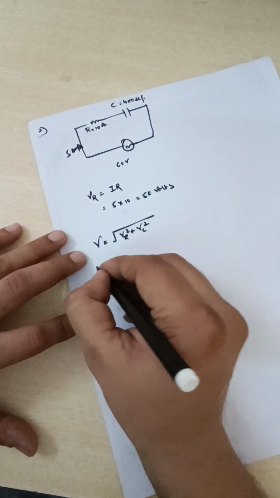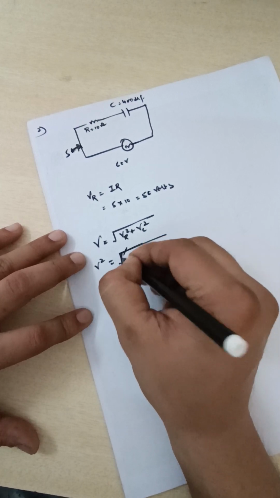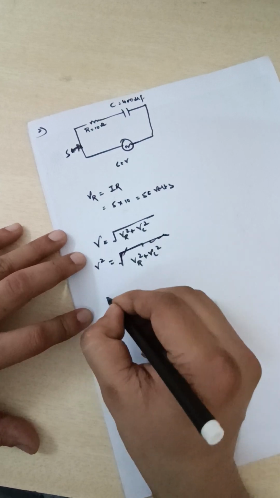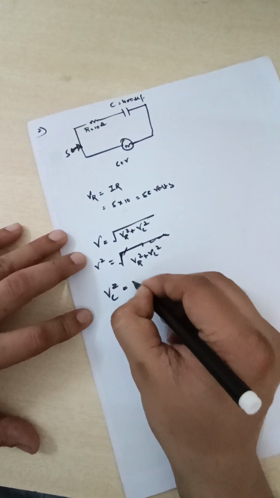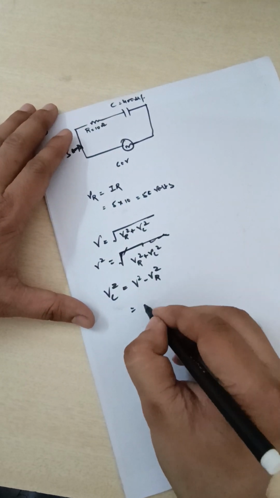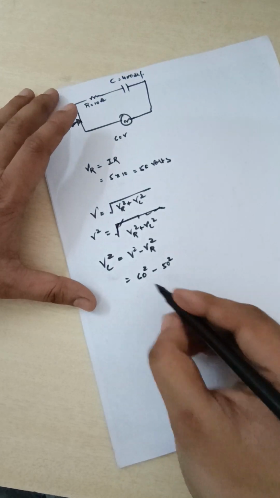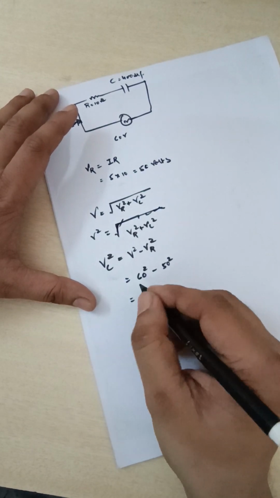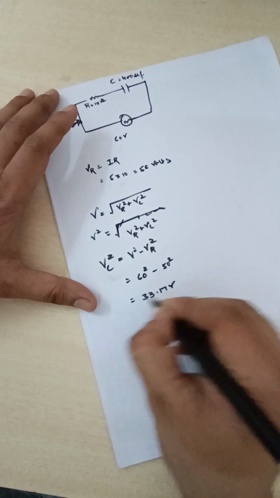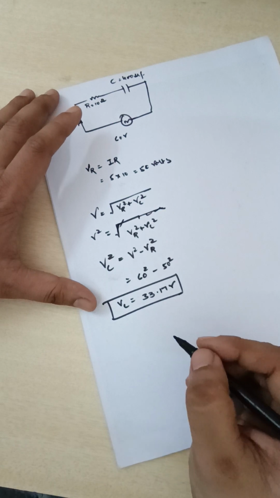So VC square will be equal to V square minus VR square. Now calculate. V is 60, 60 square minus VR, which is 50, 50 square. So it will become 33.17 volt. At the end, VC will be equal to 33.17 volt.